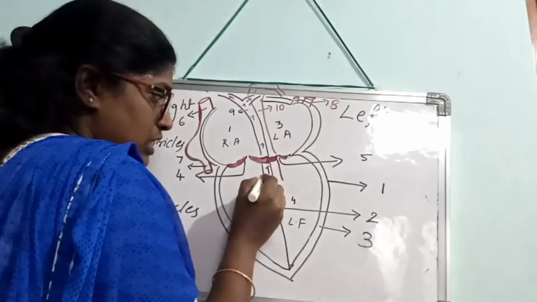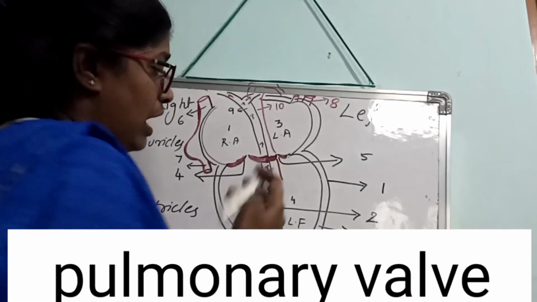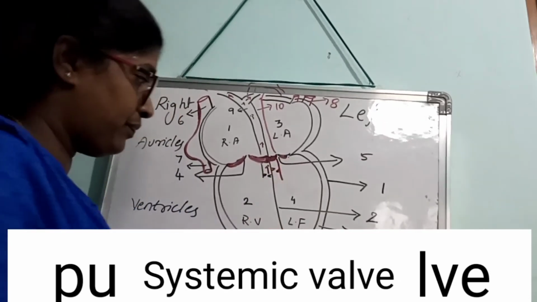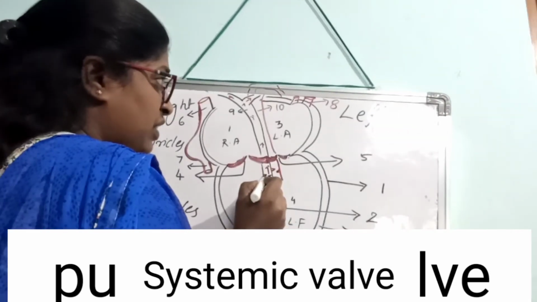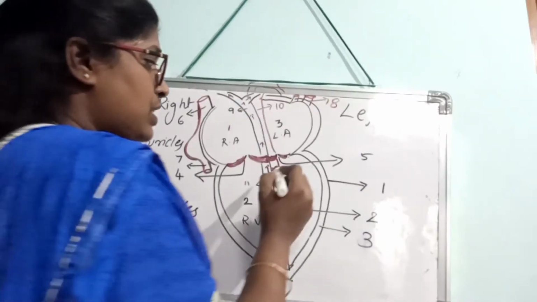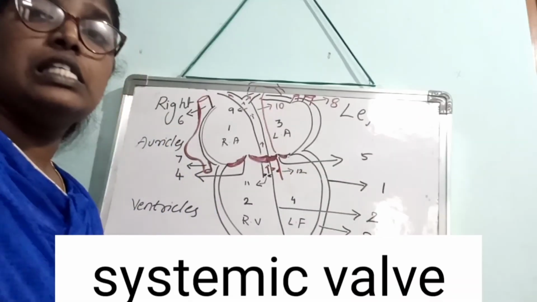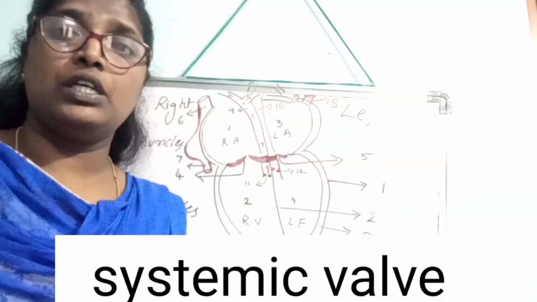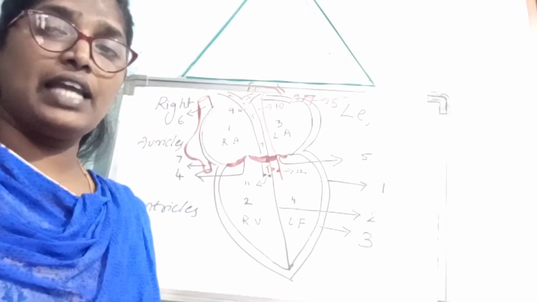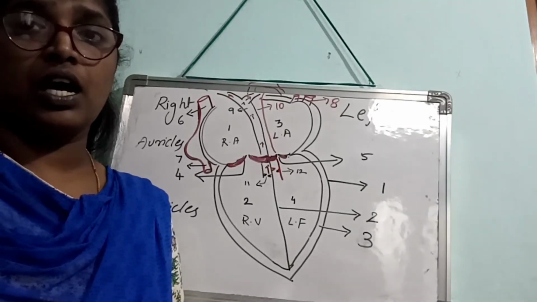What are the two valves? Here we give number 11, called the pulmonary valve. Here we give number 12, called the systemic valve. We call it the systemic valve because the aorta is also called the systemic aorta.